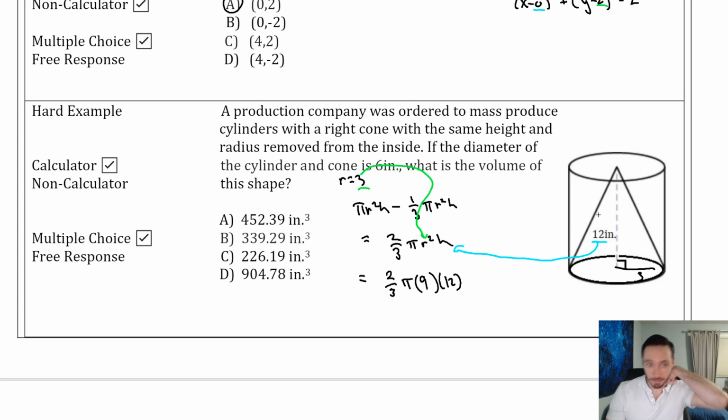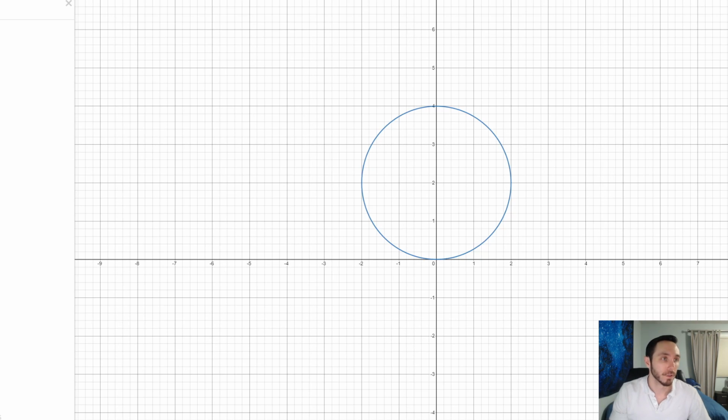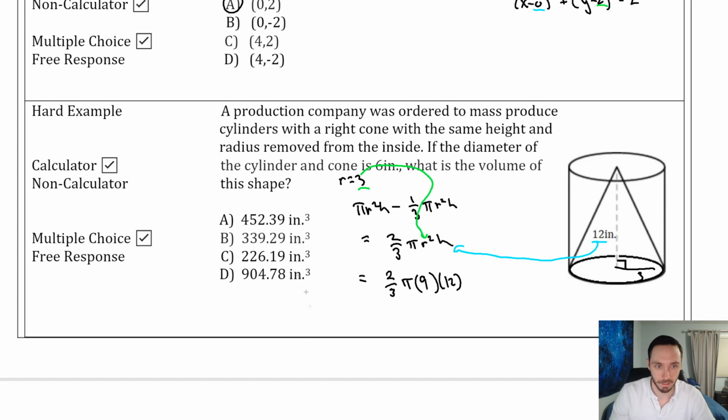I'm going to slap this into a calculator because all my answer choices are to the nearest hundredth. So 2/3 times pi times 12 times 9, you get 226.19. That would be choice C.